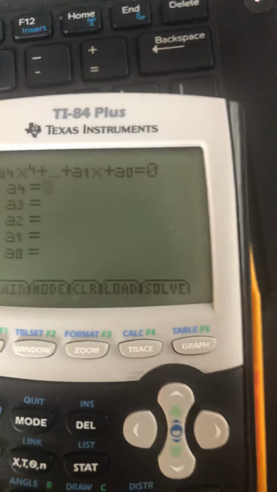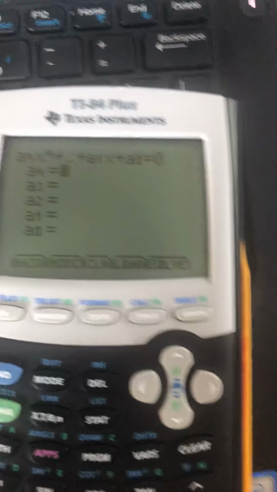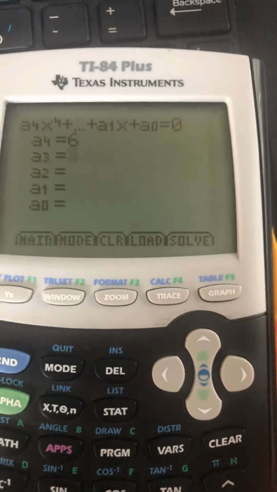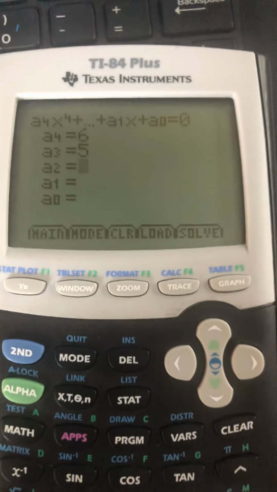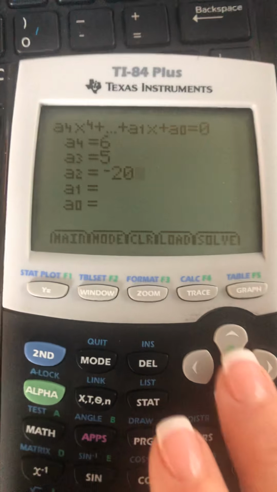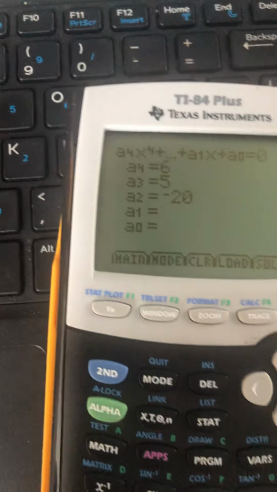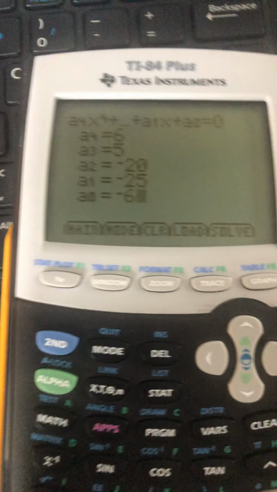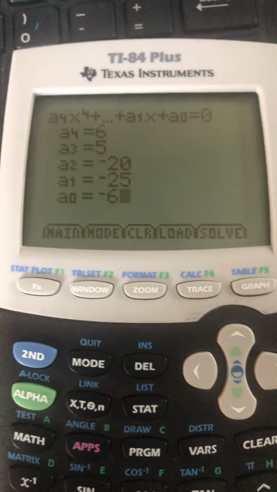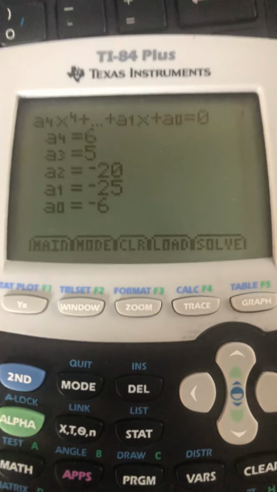Okay, so for my A4, I'm going to take the coefficient of x to the 4th, which is 6. For my x cubed, we're going to take the 5. For my x squared, we're going to take negative 20. For the x, negative 25. And for the next one, negative 6. And there they are. So next, we're just going to hit solve.